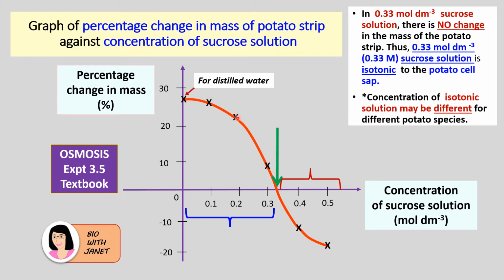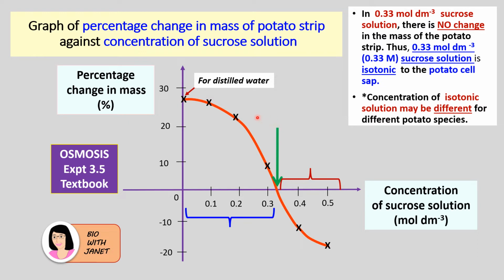For example, here for 0.2 M, the percentage change in mass is around 23%. For 0.3 M, it is about 9%. And for 0.4 M is a negative value, say, around negative 12%.